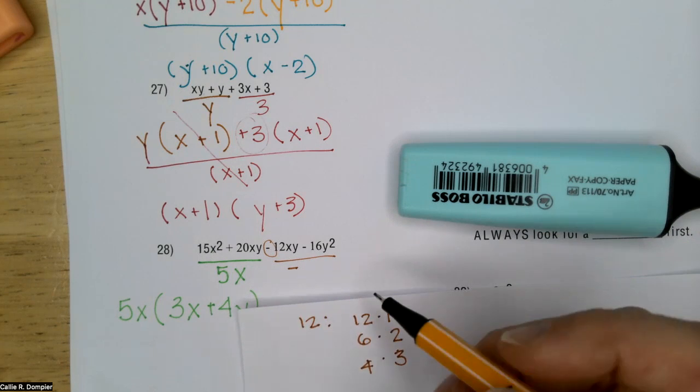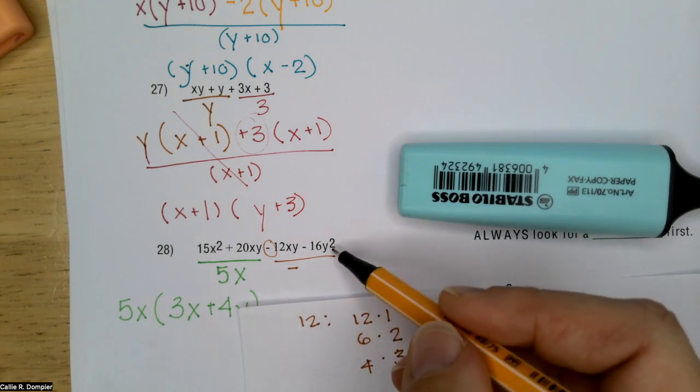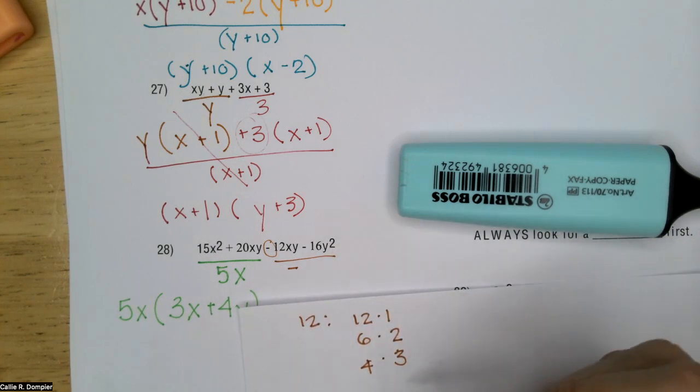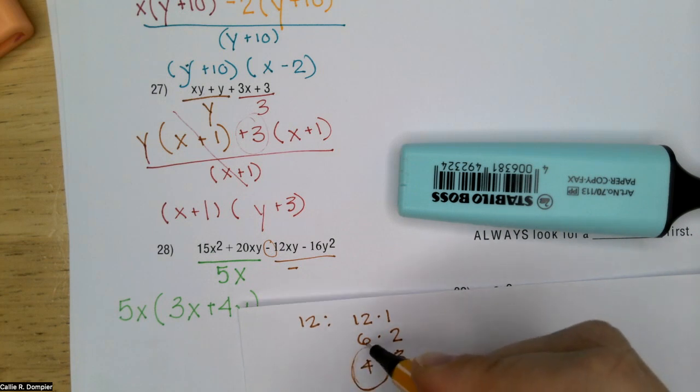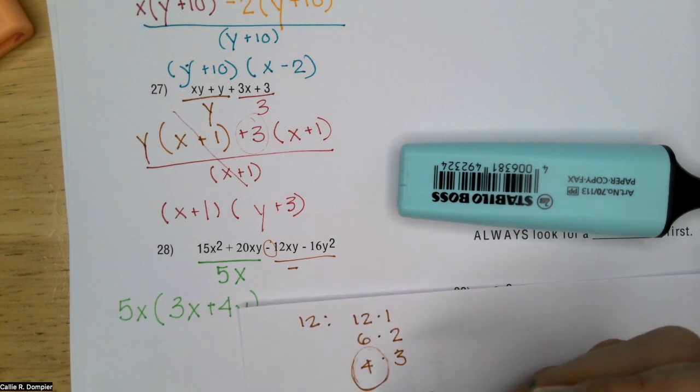So those are factors of 12. Which one of those is also a factor of 16? 1 is a factor of 16, 2 is a factor of 16, 3 is not a factor of 16, 4 is a factor of 16, 6 is not a factor of 16, 12 is not a factor of 16.